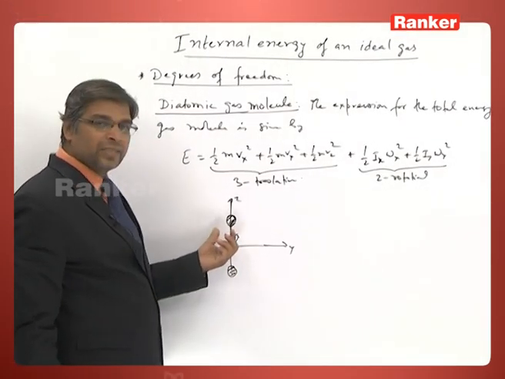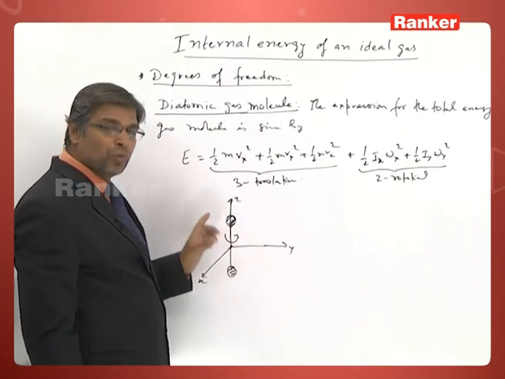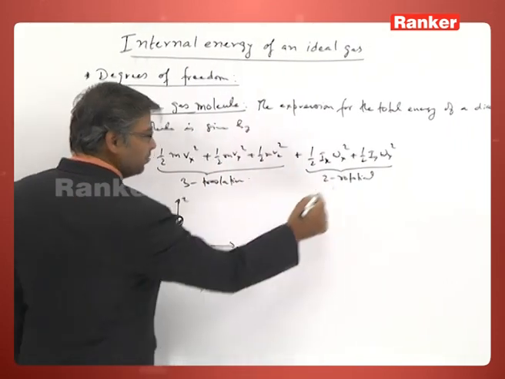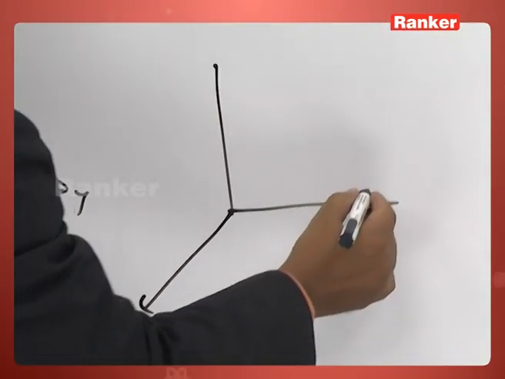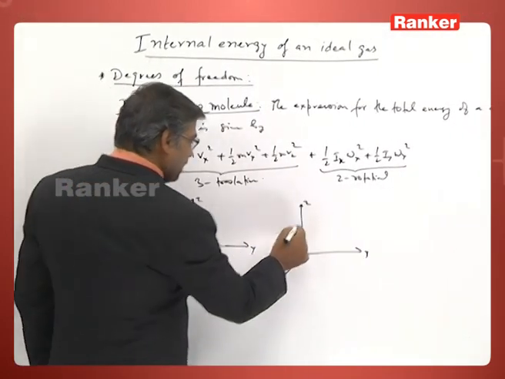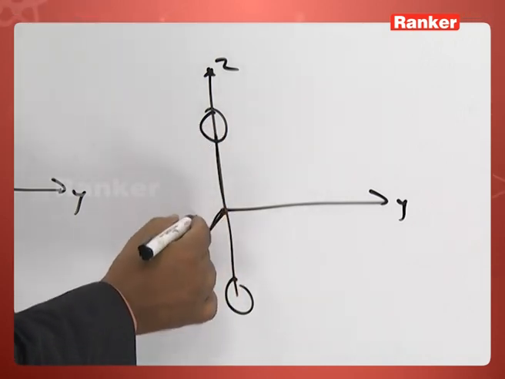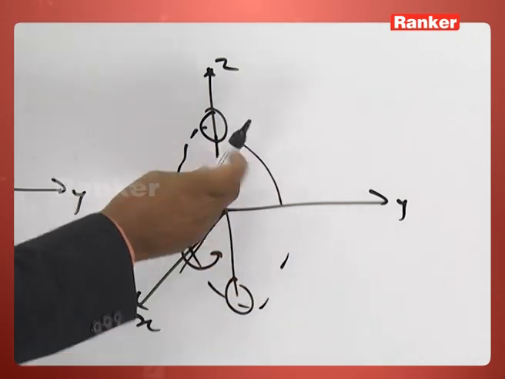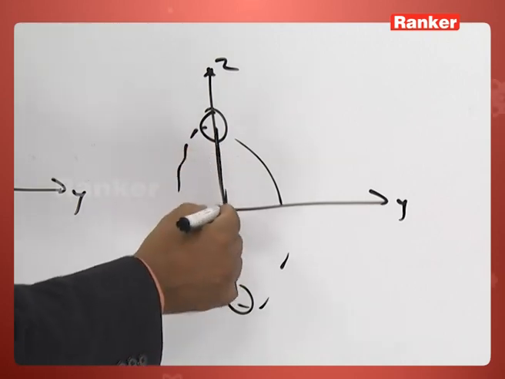I can neglect the moment of inertia here, so the energy associated with this motion is comparatively less. So, I have neglected this third term. Next, if this is x, this is y and this is z, suppose this molecule is here and it rotates about the x axis, along this. You see it has a large moment of inertia because more mass is distributed away from the rotation axis.